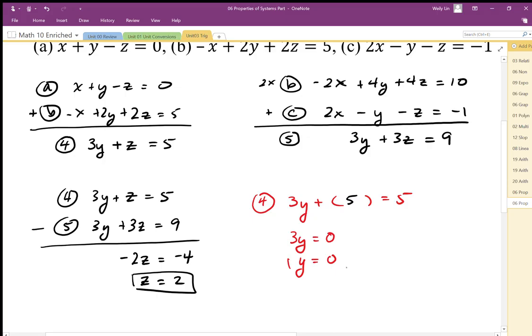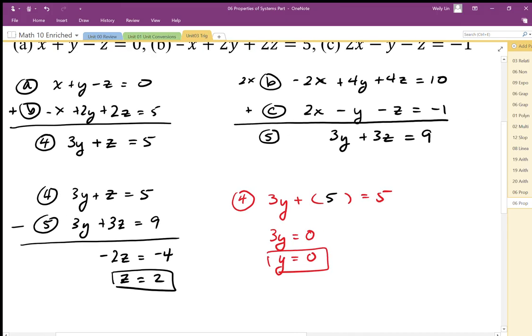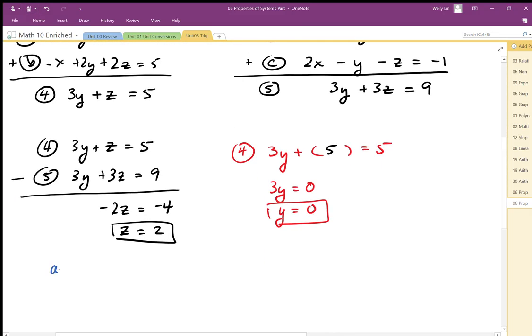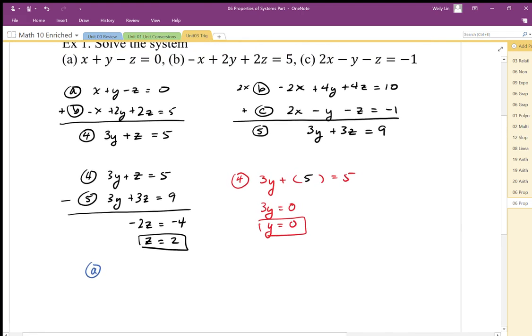And plugging that back into one of the previous equations, either A, B, or C, in this case, I'm going to substitute into equation A: x plus y, which I solved for to be 0, plus z, in this case minus z, is equal to 0.